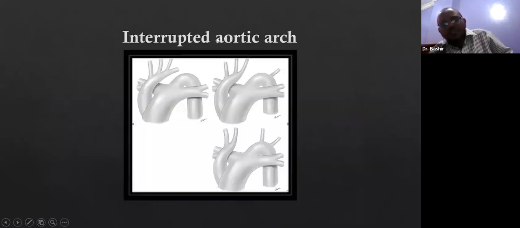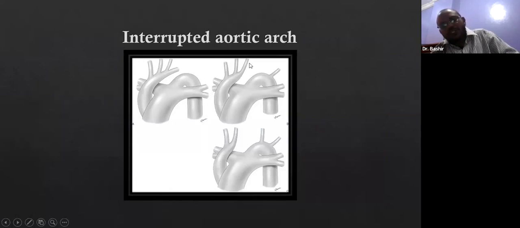As we said, in interrupted aortic arch, a severe coarc can extend to interruption of the aortic arch, like this one. This one is interrupted aortic arch type A, there is complete interruption between the isthmus and the descending aorta, and the PDA should be patent to supply the lower part of the body.